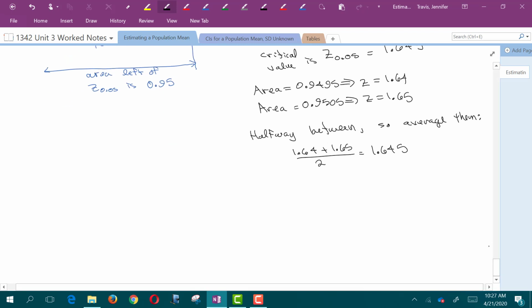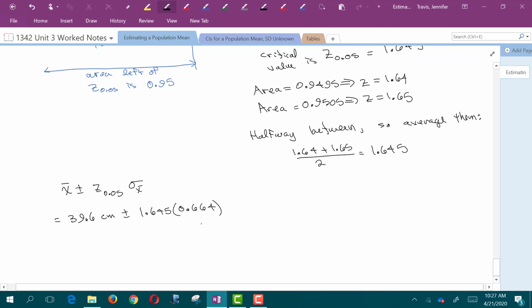Okay, so now to get my confidence interval, once again, I do the upper bound and the lower bound. Here's another more concise way to write it. My x bar plus or minus my critical value times my standard error is going to give me 39.6 centimeters plus or minus 1.645 times my standard error, which was 0.664.